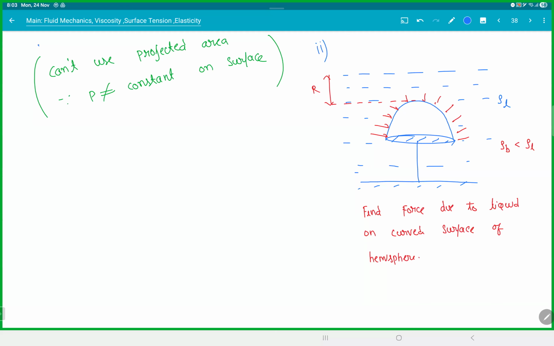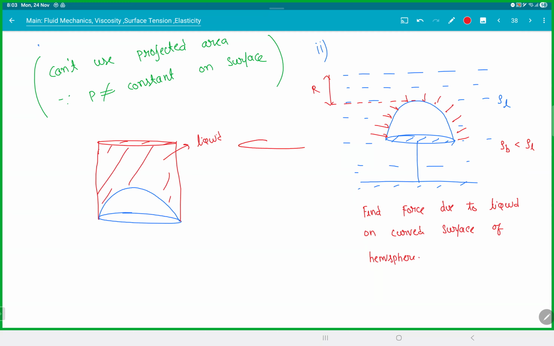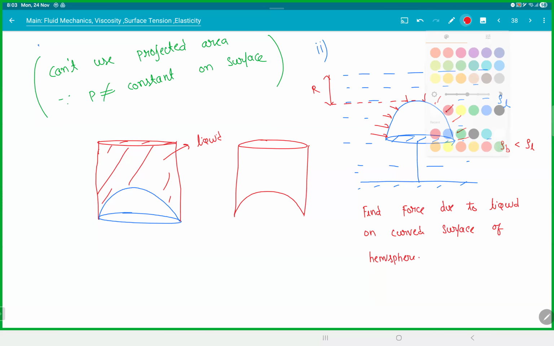See, can I argue like this? What is this curved surface exactly doing? Can I say the whole weight on top of the cylinder, if I take this part, the water, and if I draw only that FBD, the force on the curved surface must be equal to the force on this surface, isn't it?